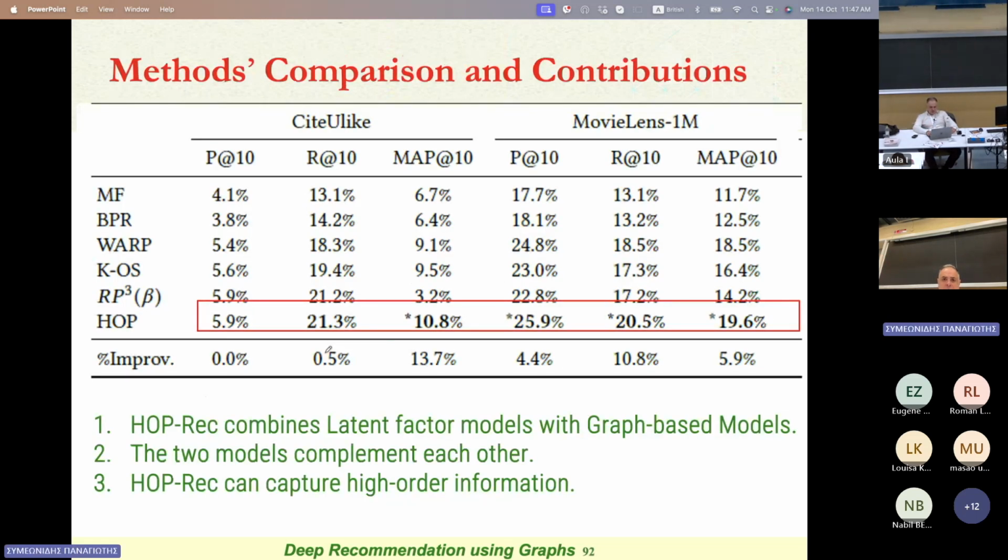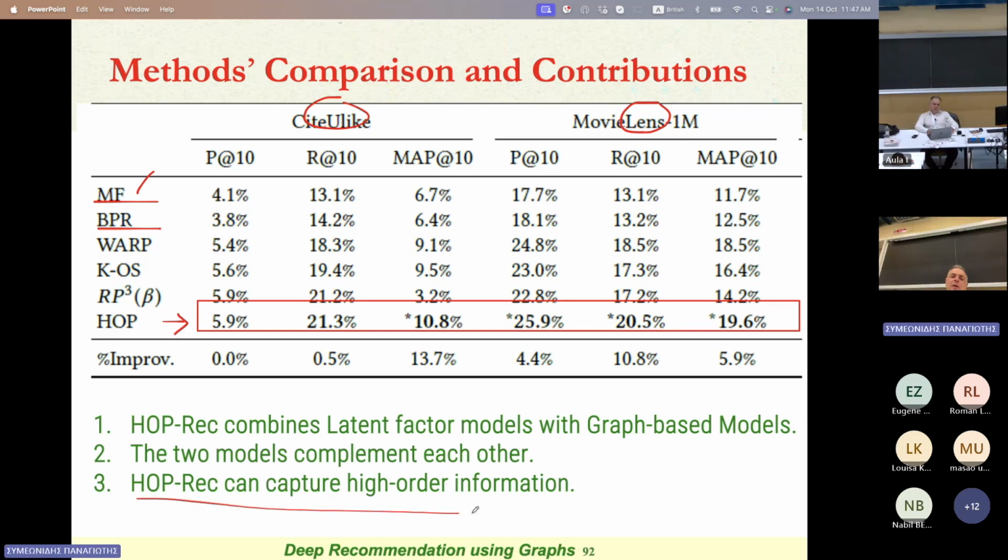So this method performed 2 experiments with the Yelp and MovieLens 1 million datasets for precision, recall and mean average precision metrics. And these are the reported results. They outperform classic methods like Bayesian personalized ranking, matrix factorization, and other methods.